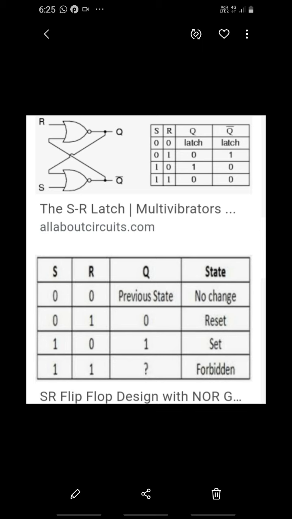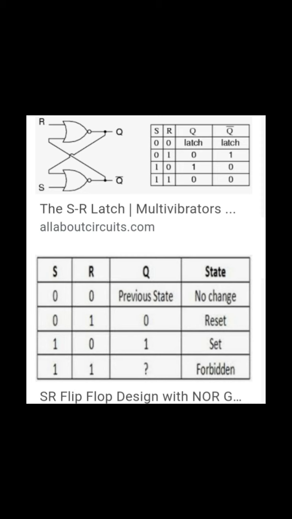The four different input combinations are 00, 01, 10 and 11, and based on these inputs you can verify the outputs Q and Q bar using the NOR gate. Before that, do you know the NOR gate function?